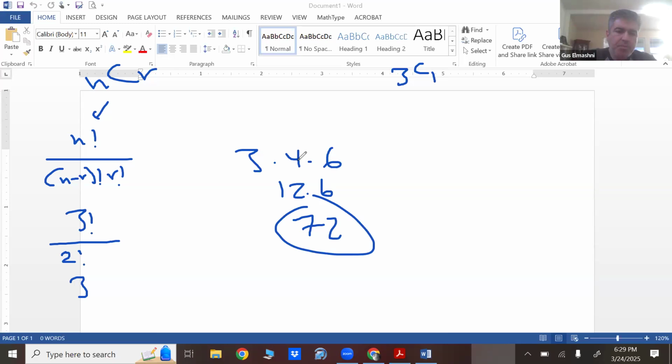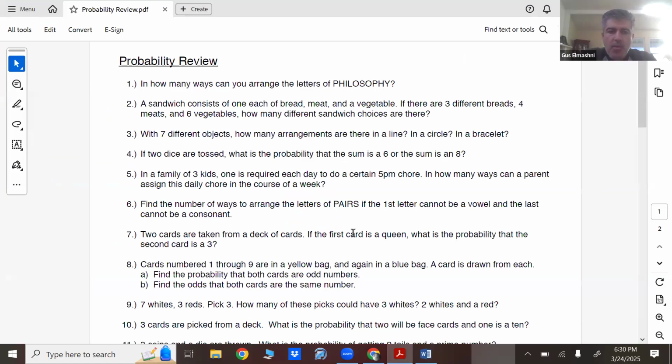And so let's try one thing here real fast. So that's what you're doing for that one. With 7 objects, how many arrangements are there in a line, in a circle, and a bracelet?